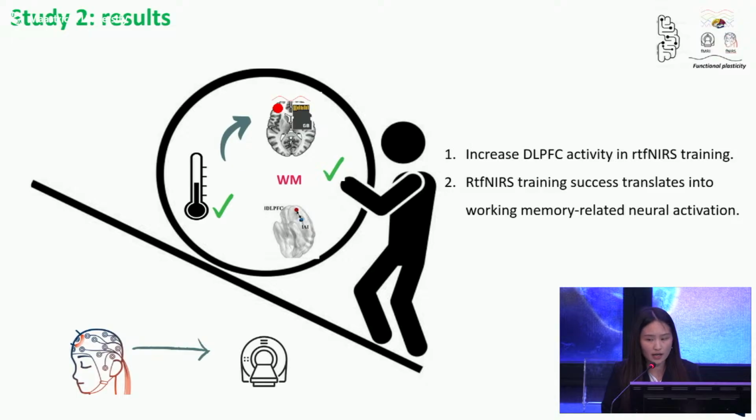The successful upregulation of DLPFC activity and the lasting effect on related working memory neural activity suggest that fNIRS neurofeedback training may be a promising intervention for mental-related disorders, but this needs to be tested in future studies.